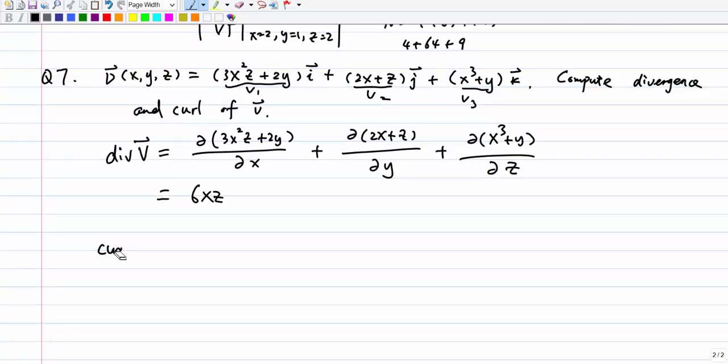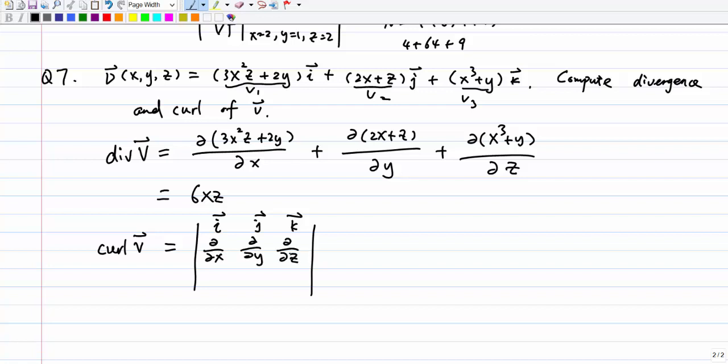Now the curl of V is given by computing the determinant of a 3 by 3 matrix. The matrix is composed of 3 rows. The first row is always i, j, k. The second row is partial over partial x, partial over partial y, partial over partial z.